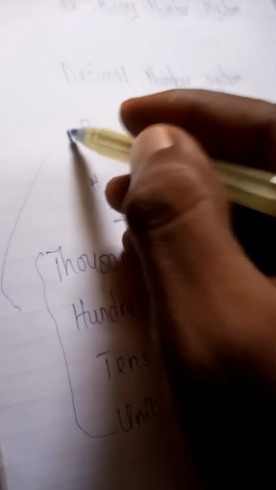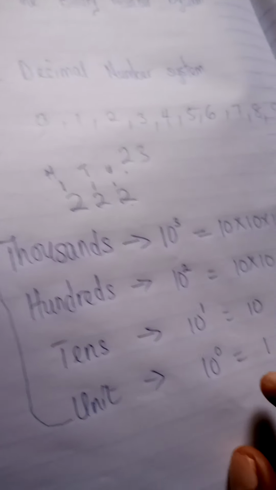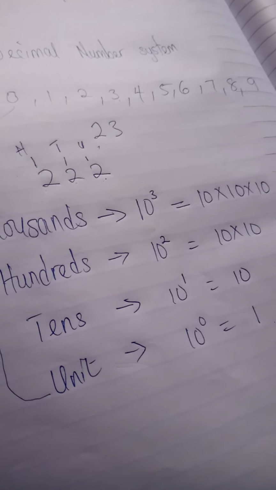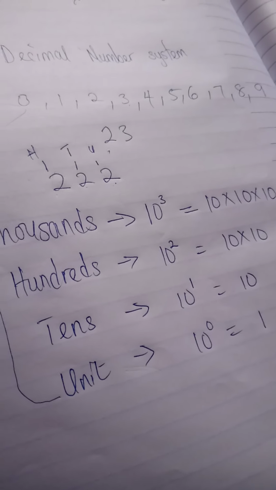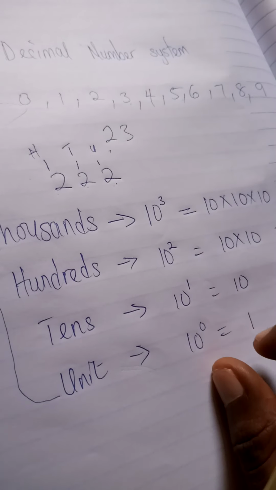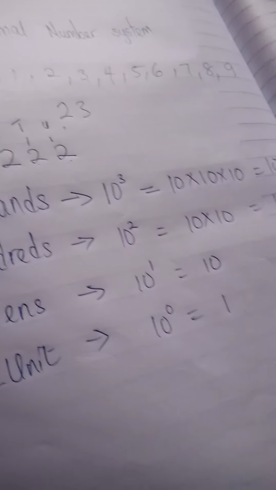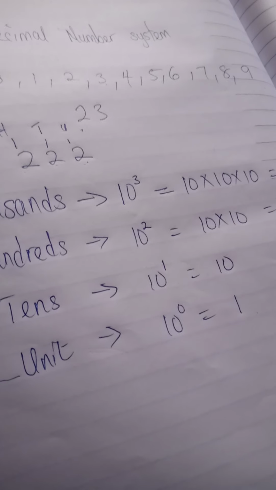Now, all these are used for whole numbers. Anything without the decimal point, or anything that doesn't have a numerator and denominator, is a whole number. So how do we now express decimal fractions?